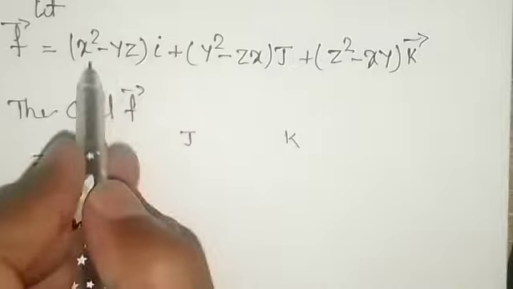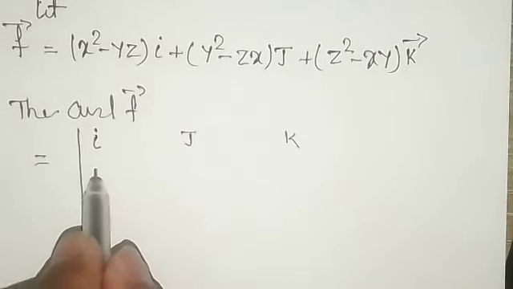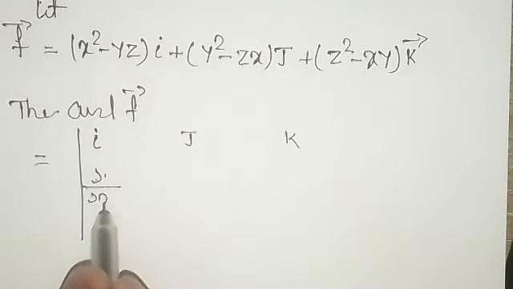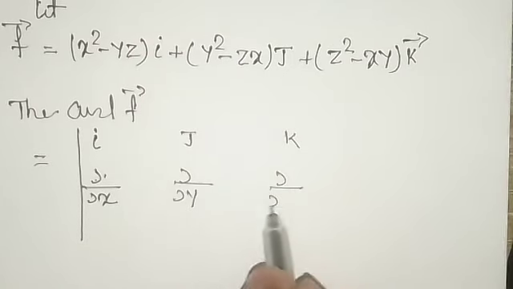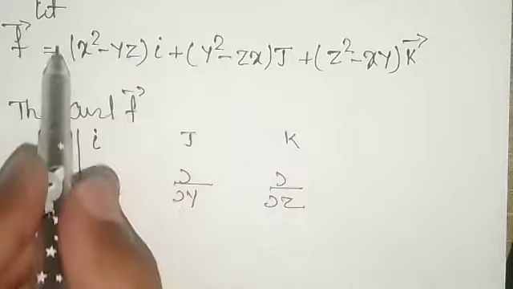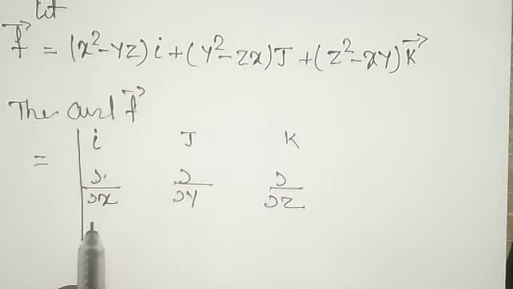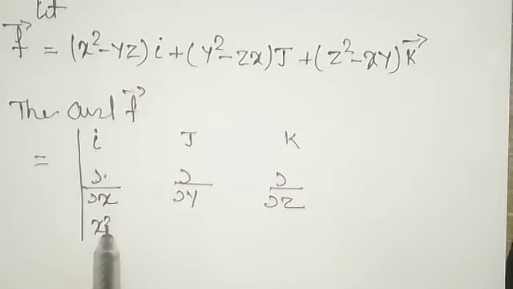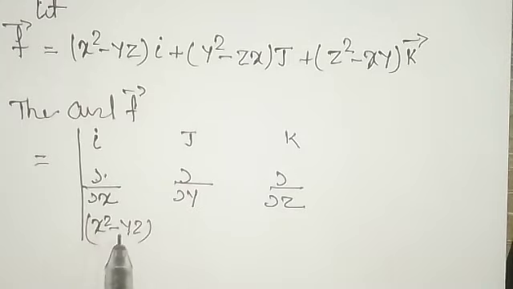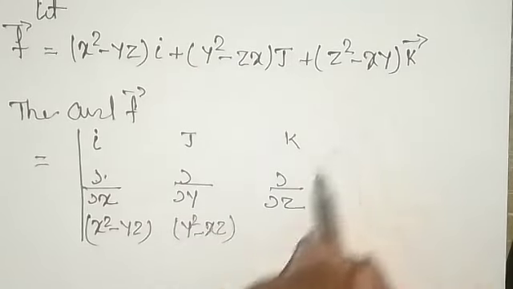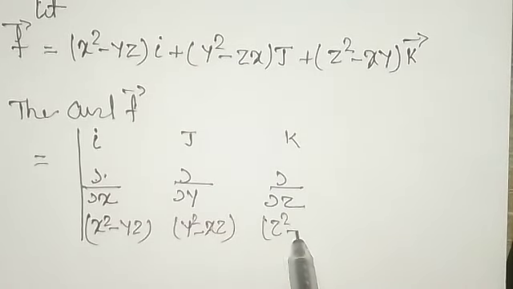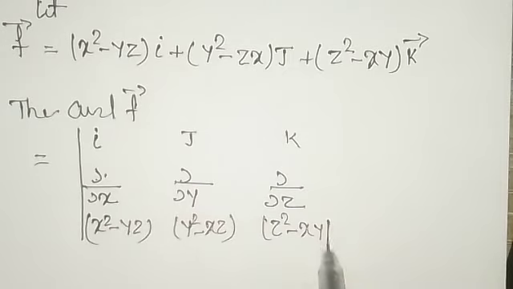First we write ∂/∂x, ∂/∂y, ∂/∂z, then we write the coefficients. The i coefficient is x² − yz, the j coefficient is y² − xz, and the k coefficient is z² − xy.